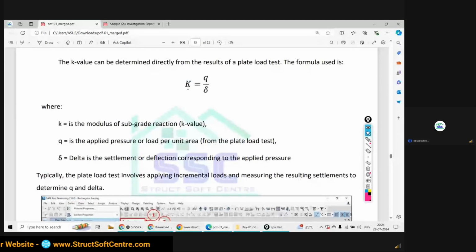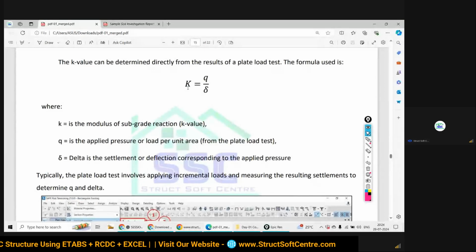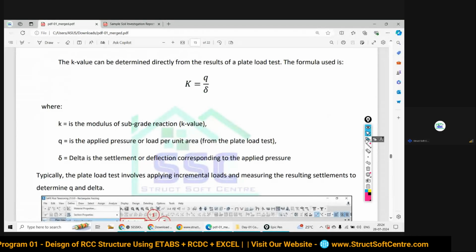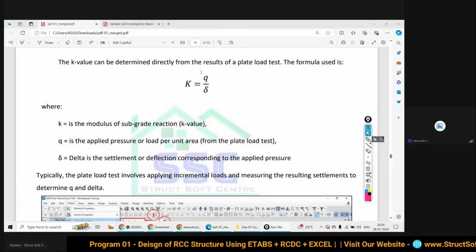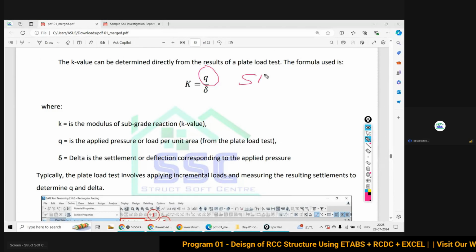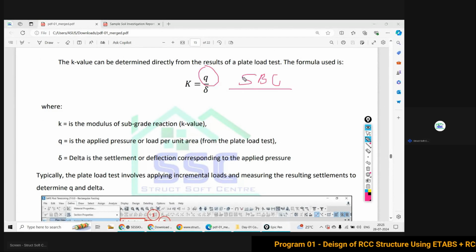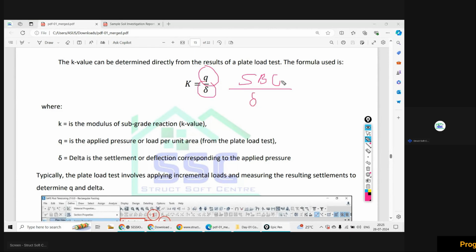हमारा जो लैंड है, हमारा जो proposed structure है, उसका bearing capacity जो हम लोगों को मिला है, उसको क्या करेंगे हम लोग? It is ultimately the bearing capacity of the soil. ये हो जाता है आपका SBC of the soil, divided by SBC means force per unit area, and divided by allowable settlement, कितना settlement allowed है, and that value will give you the stiffness or soil subgrade modulus.